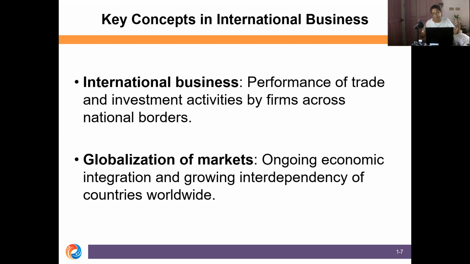Facebook US becomes dependent on Facebook Philippines, and that is called globalization of markets. It is also possible that it has branches in other places, and so there is interdependency between them on how to operate the business. So that is globalization of markets.